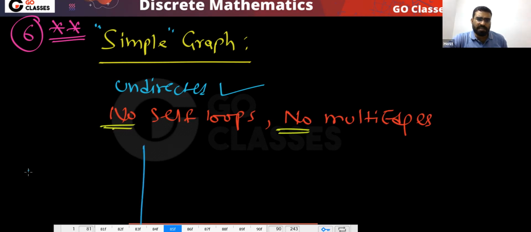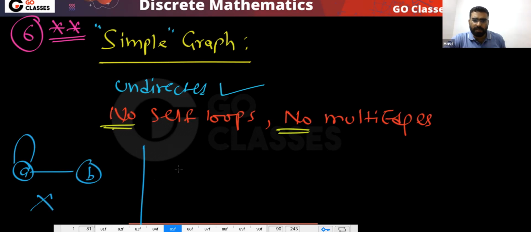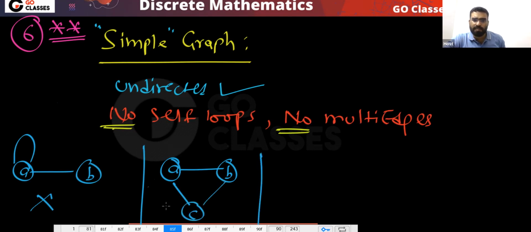For example, A, B: is this a simple graph? This is not a simple graph. Is this a simple graph? Yes, this is a simple graph because we don't have self loops or multi edges. Is this a simple graph?